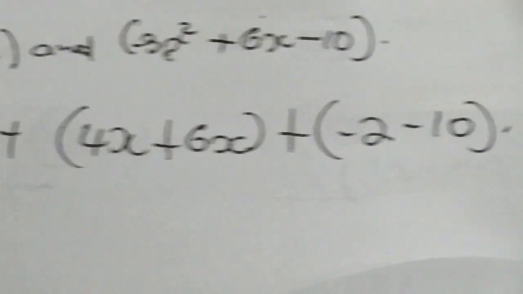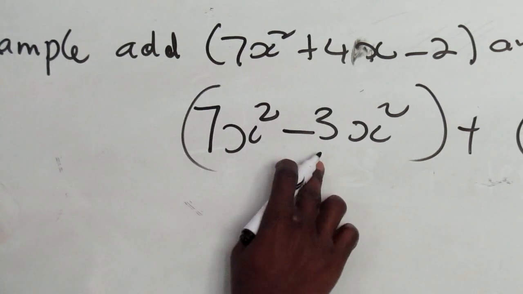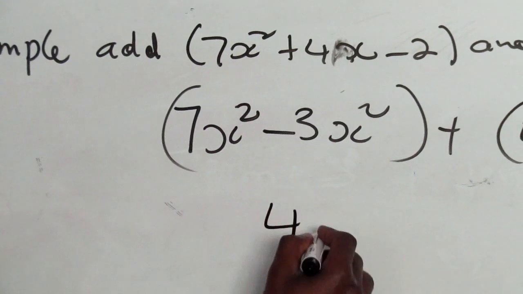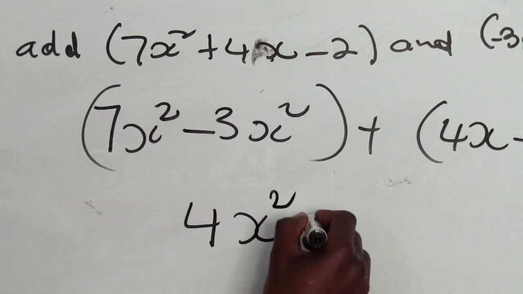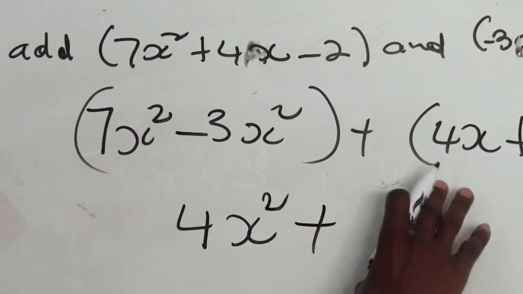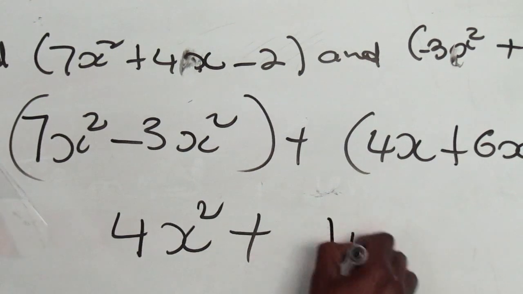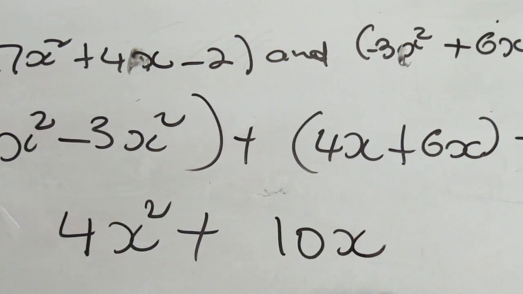So to simplify this one, we will have 7 minus 3, you get 4, but x squared is unknown, you leave it like that. Then plus 4 plus 6, which is 10, and x is unknown, you just leave it like that.